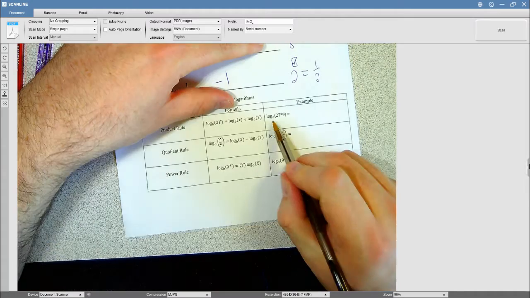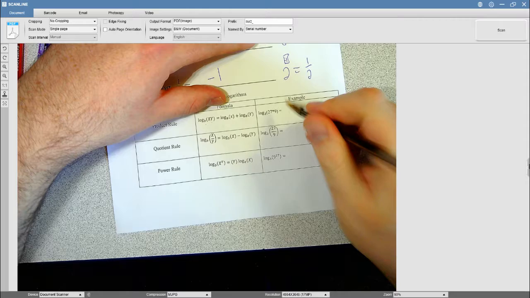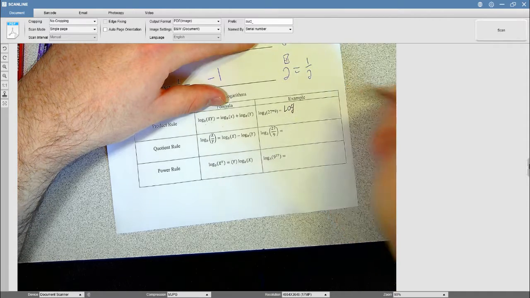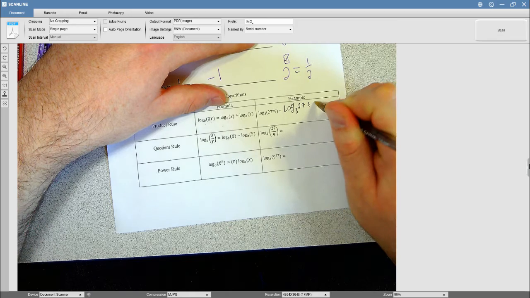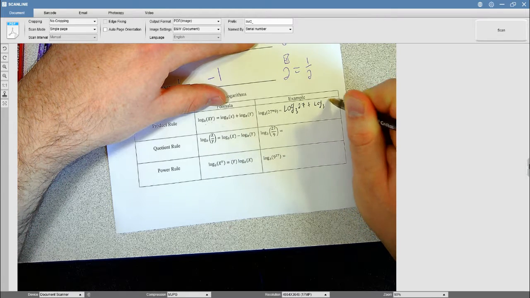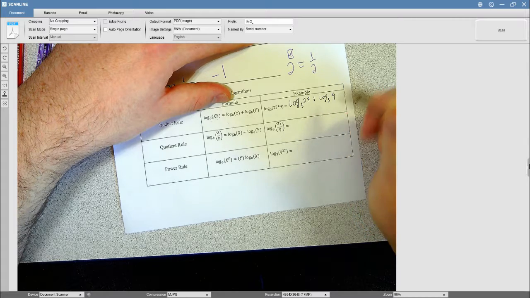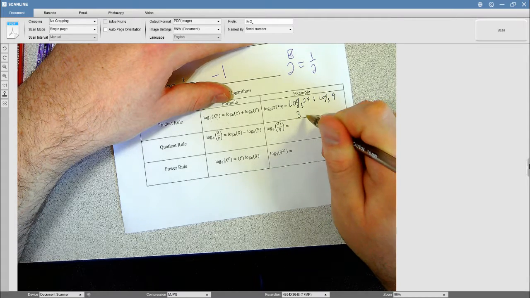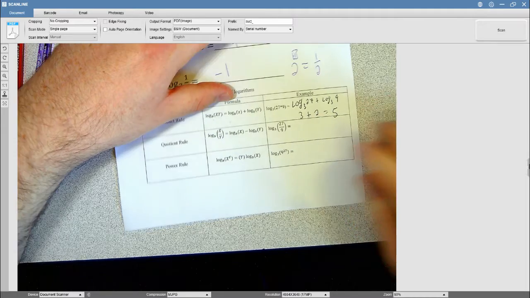So here, log base 3 of 27 times 9 is just going to be log base 3 of 27 plus log base 3 of 9. Log base 3 of 27 is 3, plus 2, which equals 5.